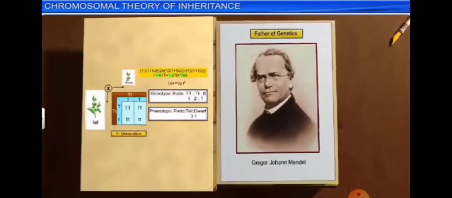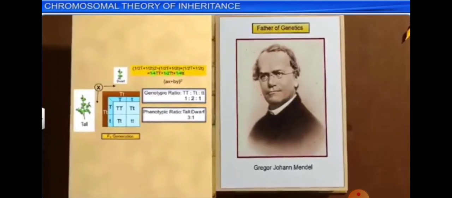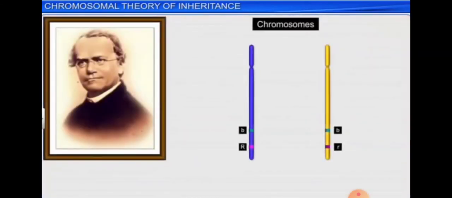Thirdly, Mendel, for the first time, had applied statistical analysis and mathematical logic to problems in biology, which was objected to by many biologists because he was a mathematician, so they were not ready to accept it. Finally, Mendel could neither explain what genes were made of nor provide any physical proof for their existence.